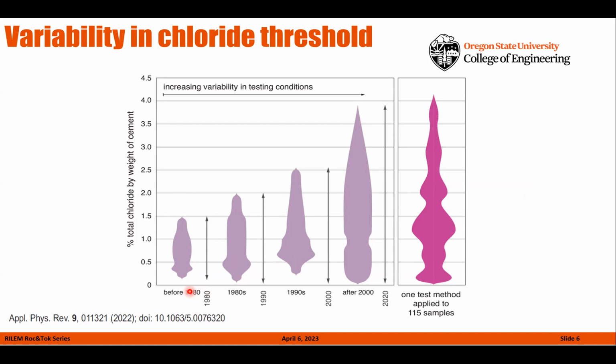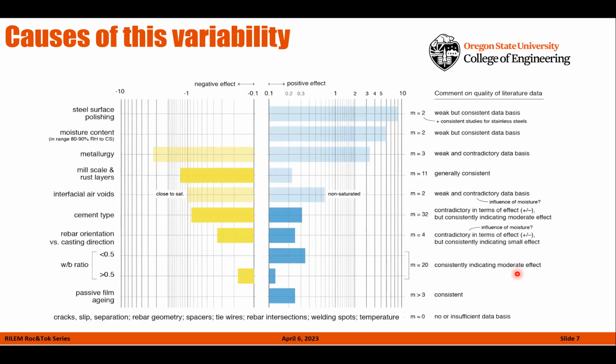This plot shows over the decades how the variability in chloride thresholds changes, and you can see that this variability is always increasing.